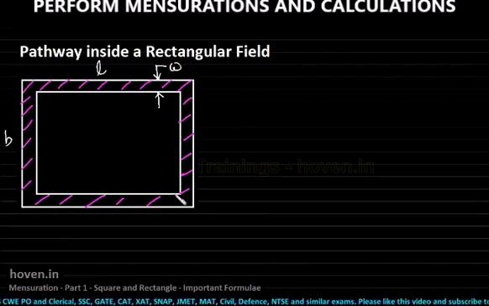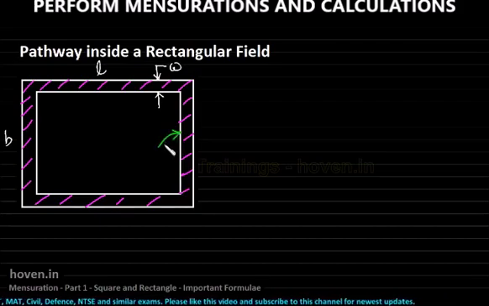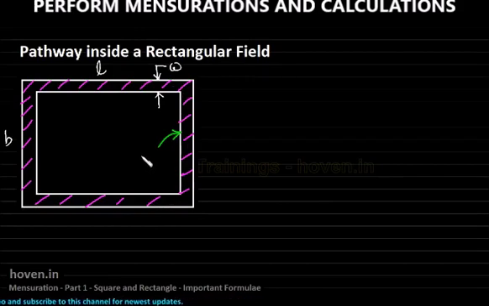Now what is the length and the breadth of the inner rectangle? This breadth, you can see that from the outer breadth B, we have subtracted this W and this W. So from B, 2 W's have been subtracted.